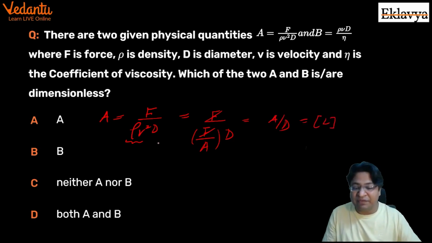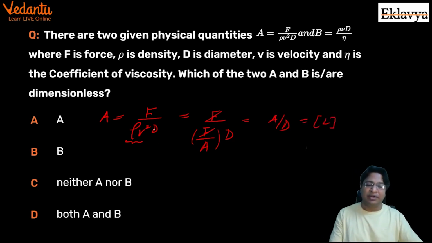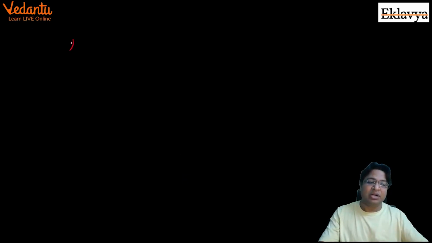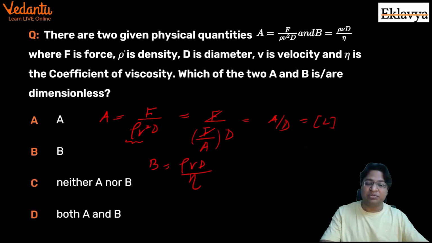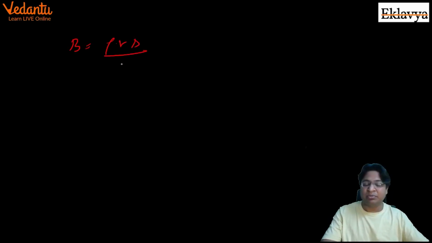So A is definitely not dimensionless. Now let's talk about B. In B it is rho v d by eta. Again, we don't need to substitute the dimensions because you probably don't remember them. But what I can do is use the fact that force is written as eta A dv by dx.